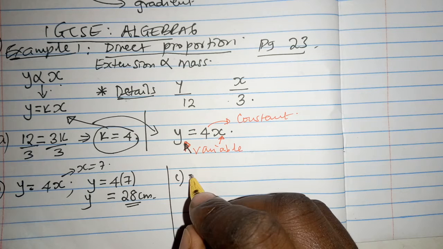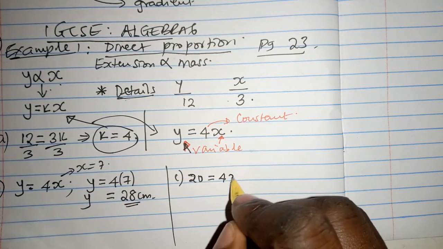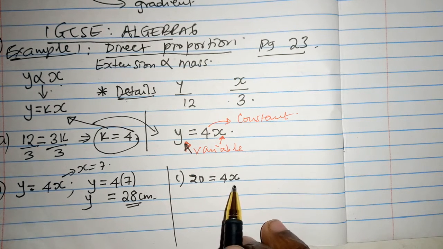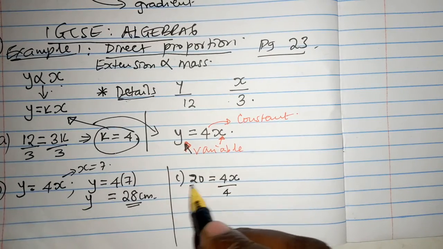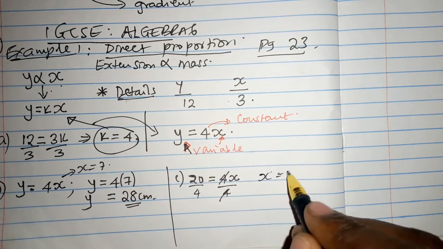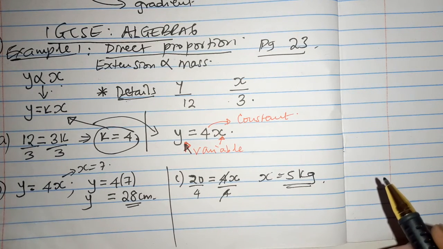So we start by saying 20 is equals to 4x, because in this case we know the extension, which is 20. What we don't know is the x. Dividing both sides by 4, it produces that x is 5 kg. That is as simple as that.